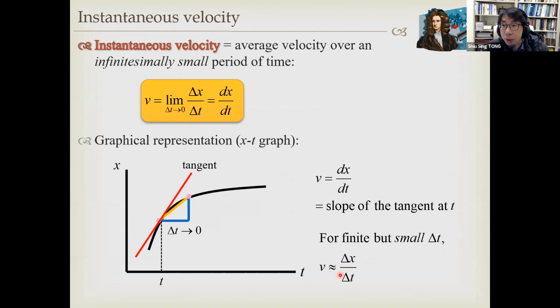In those situations, we would approximate the instantaneous velocity by a finite difference, and we iterate the equation step by step forward to solve the whole motion. That is what we are going to do next. So bear in mind that this is a good approximation when delta t is small.